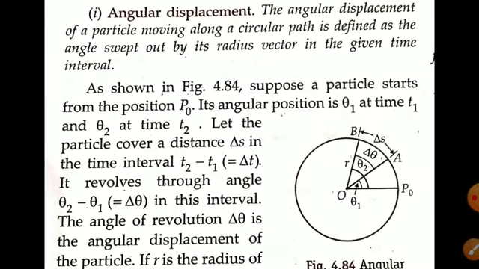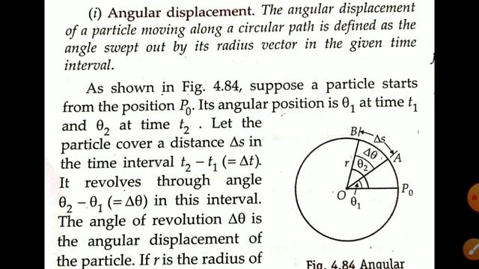The next term is angular displacement. Angular displacement is somewhat similar to linear displacement, but here the body is moving along a circular path, so we will trace the angle, and the displacement in terms of angle will give us the angular displacement.